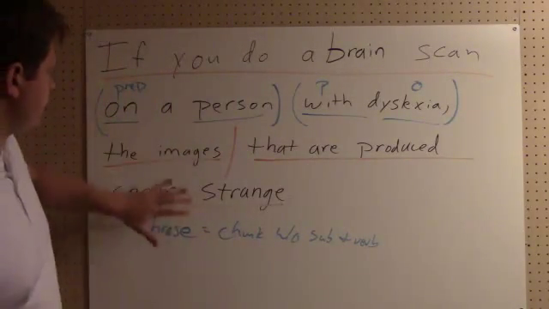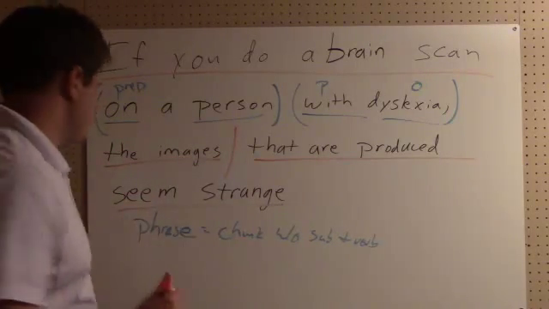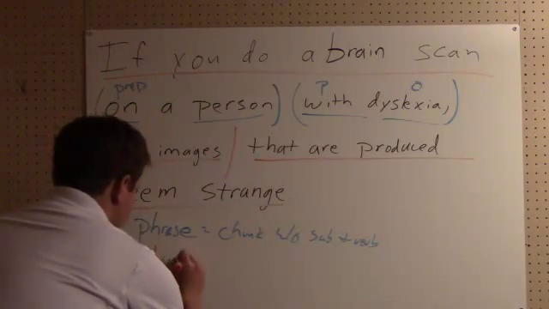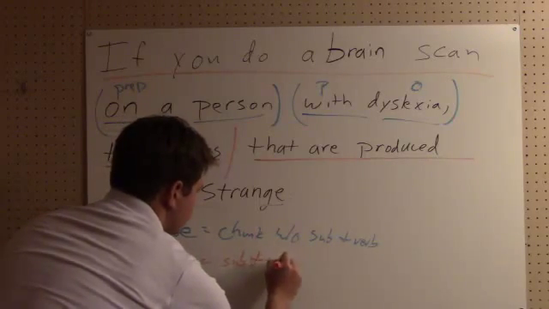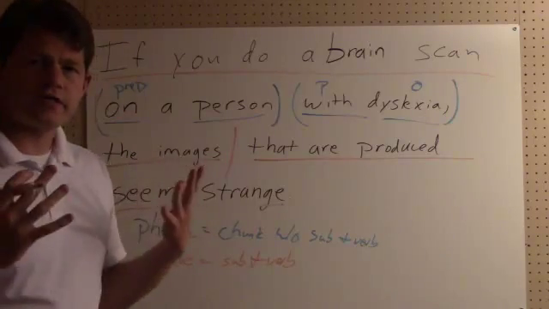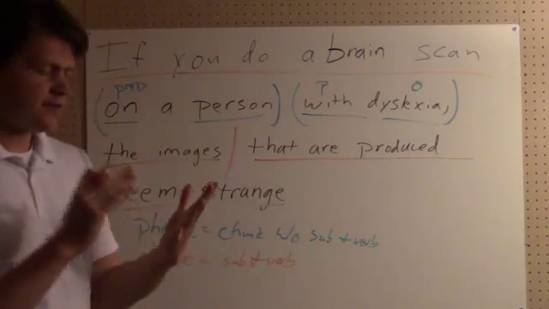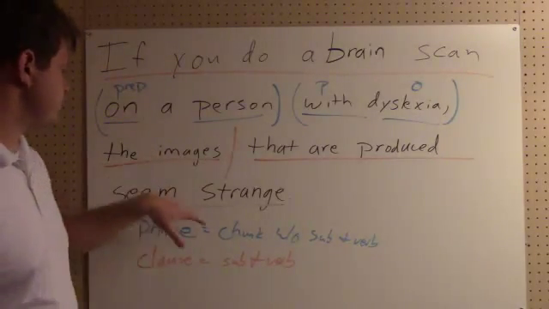So this piece goes together, and this is our independent clause, okay? And a clause has a subject and verb, so if you make a note, clause equals subject and verb. So if we eliminate all of the unnecessary information here, our basic subject and verb, our basic complete thought is the images seem strange.